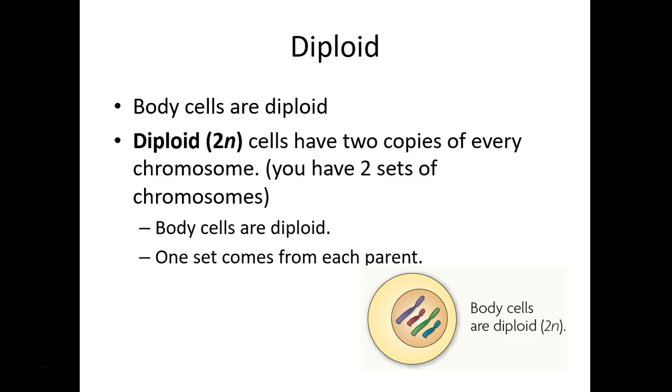So diploid can be abbreviated as 2N because we have two sets of chromosomes. So you can think of N as an abbreviation for one set of chromosomes. So the body cells are diploid again, and one set comes from each parent, which we mentioned when we talked about homologous chromosomes.